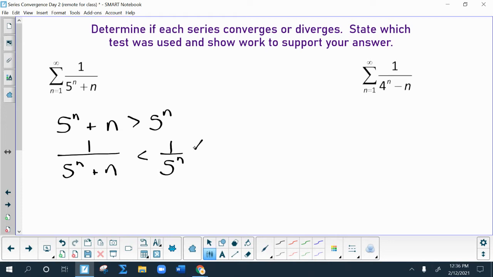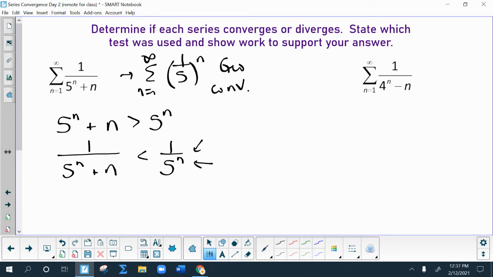And then you have to know what that means about this. So usually what's a good idea is before you really start, you should probably think ahead and go, well, I know that the sum from 1 to infinity of 1 over 5, and if it helps, write it like this, 1 over 5, the whole thing to the n, is a geometric series that converges.